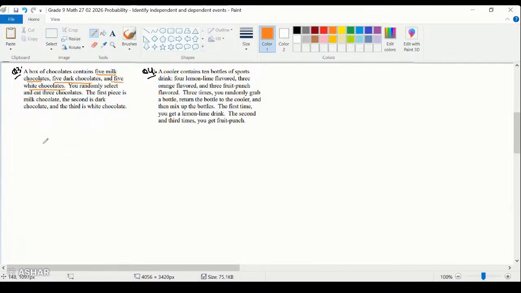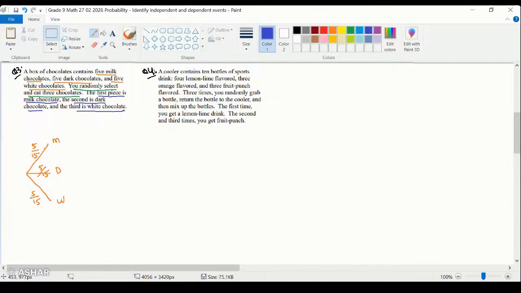We have milk chocolates, dark chocolates, and white chocolates. Agreed? We have 5 milk, 5 dark, and 5 white. That means 5 out of 15, 5 out of 15, and 5 out of 15. You randomly select and eat 3 chocolates. They're saying the first piece is a milk chocolate, second is dark, and the third is white.